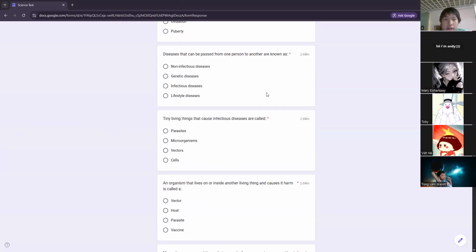Anyways, can anybody tell me what the release of a disease from one to the other is called? What is the release of a disease? Anyone? Would anyone like to answer this question?